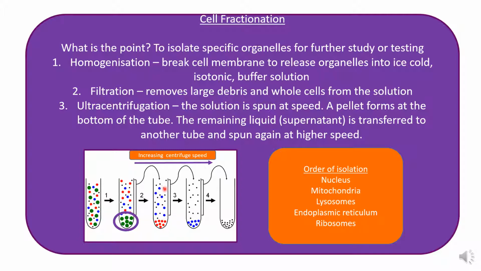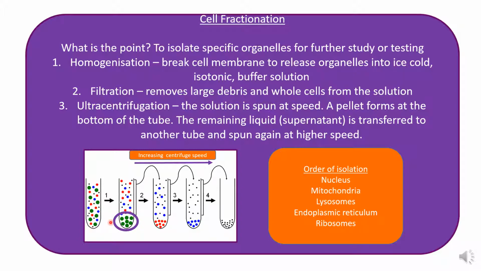So then we take out the supernatant, we put it into another tube, we spin it at an even higher speed. So you get this pellet here, into another tube, and then it's spun at an even higher speed. Now what's happening is these pellets are made up of the most dense organelles in the solution. So here you can see the green circles are representing the nuclei from the cells. Now the nuclei are the most dense part of the cells, so therefore when you spin at speed they kind of fly to the bottom and form this pellet.